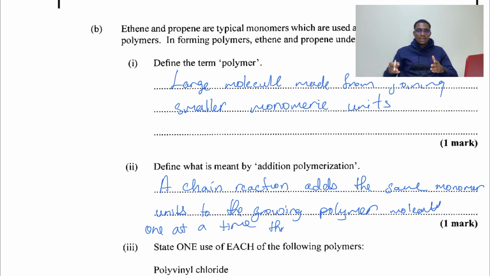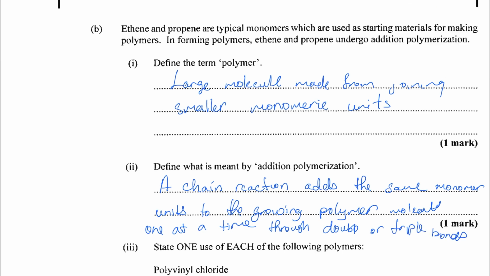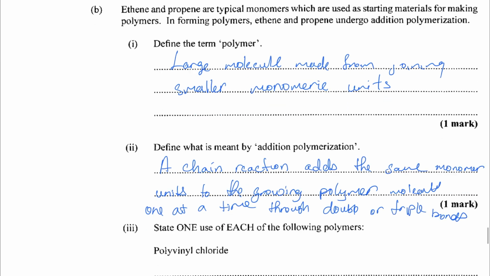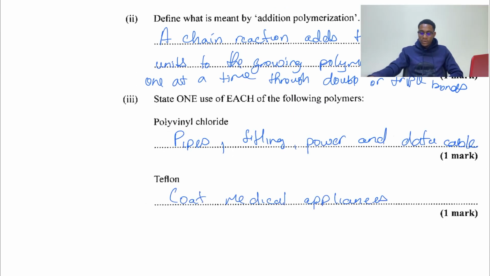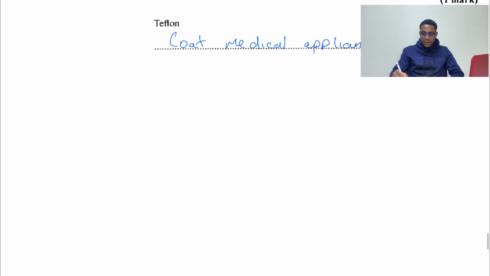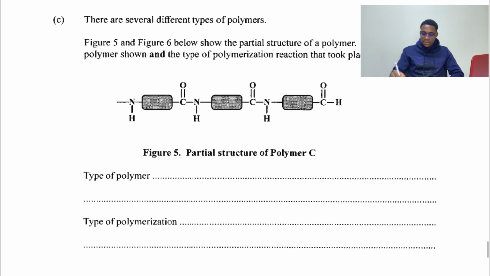So that means that other atoms, they can come and occupy spaces on that double bond. State one use of the following polymers. We have polyvinyl chloride and we have Teflon. So one use each. I'm just going to add a few more just for the variety. We have pipes, we have fittings.